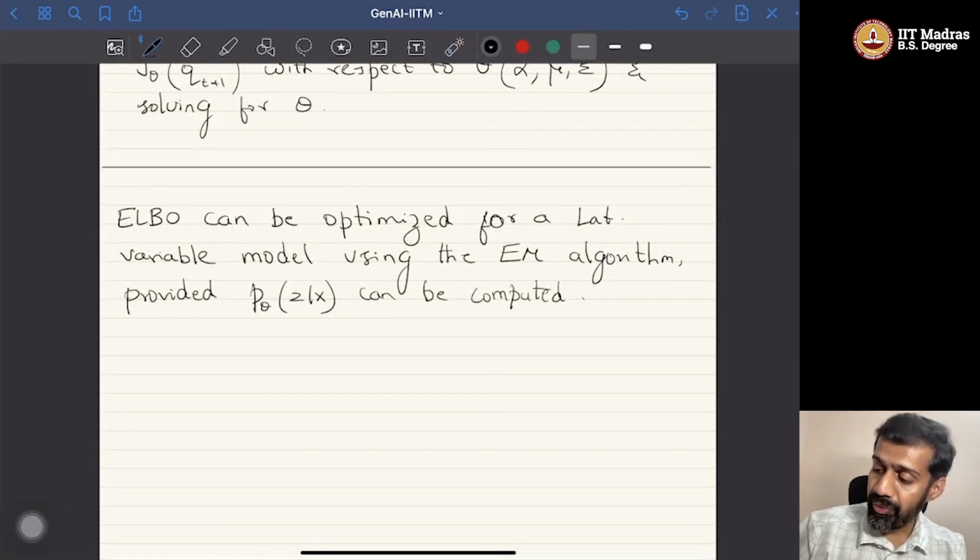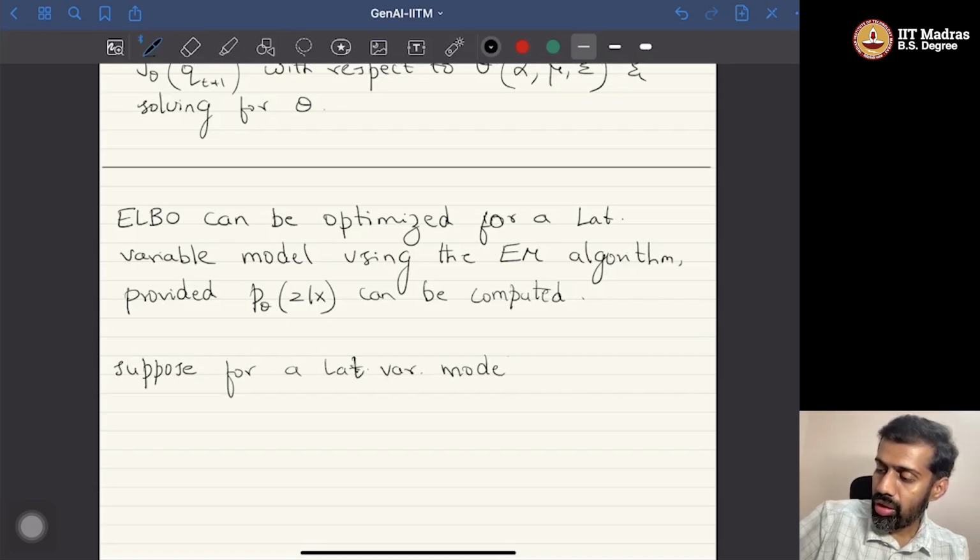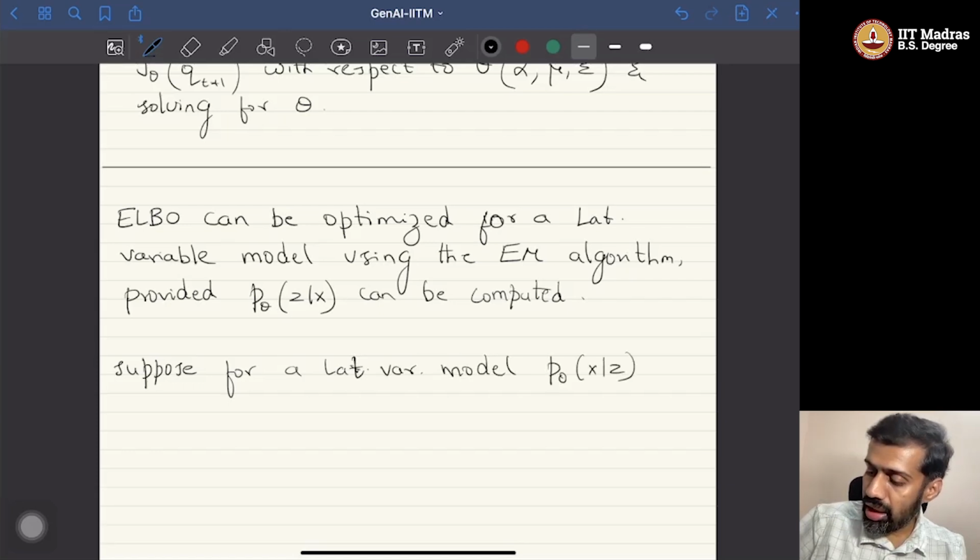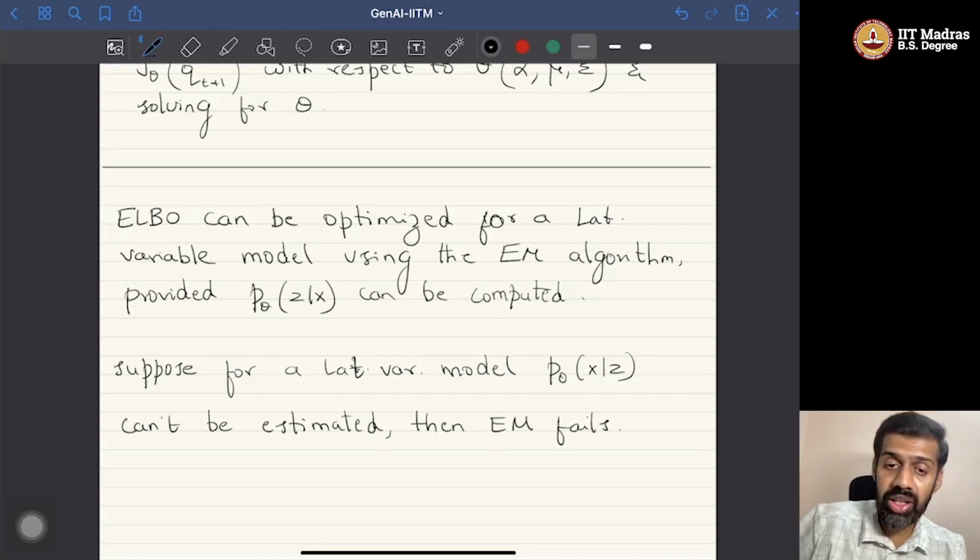But suppose for a latent variable model, p theta of x given z cannot be computed, cannot be estimated, then EM fails.